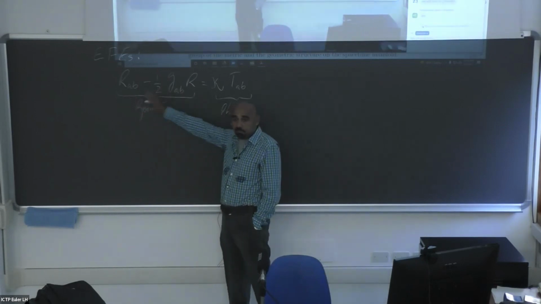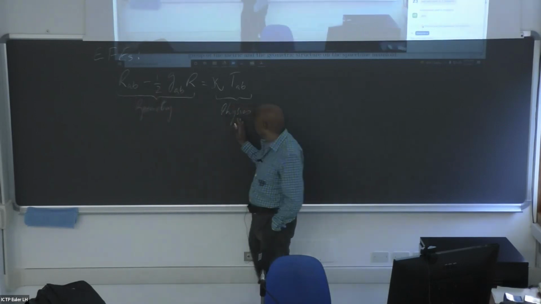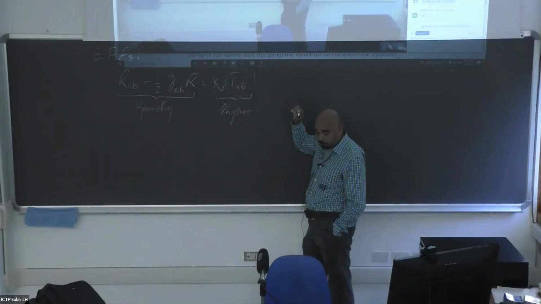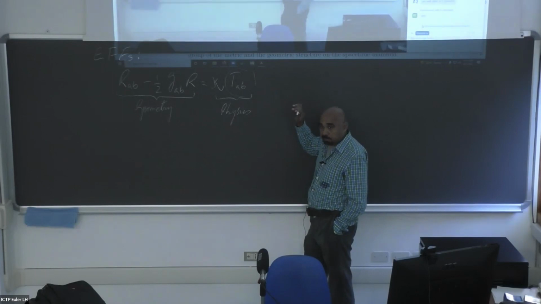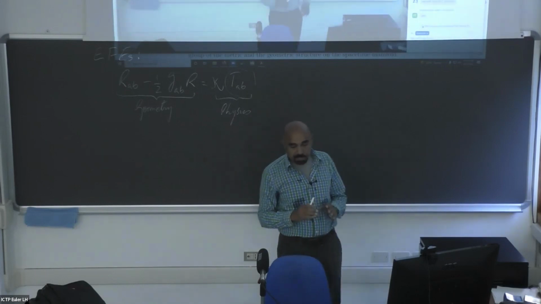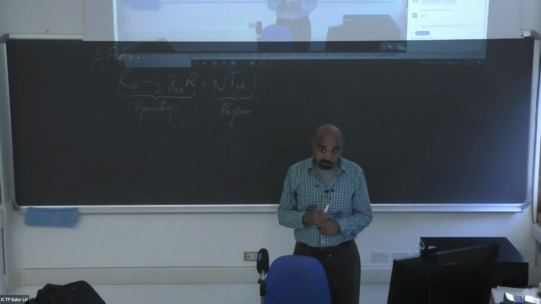Some people say it's mathematics on the left-hand side and physics on the right-hand side. It's physics because T_ab is the stress energy momentum tensor. It contains all the information about the matter in the space that we are studying, the distribution and motion of matter.